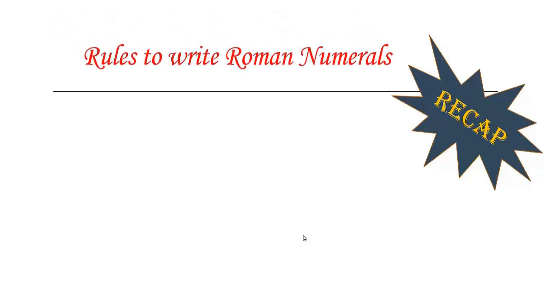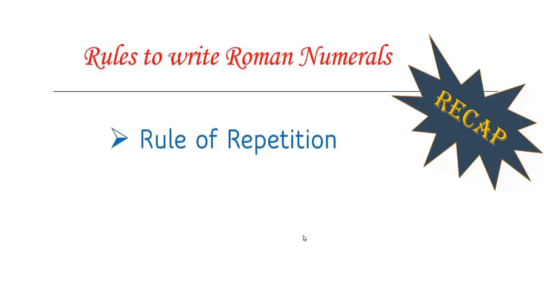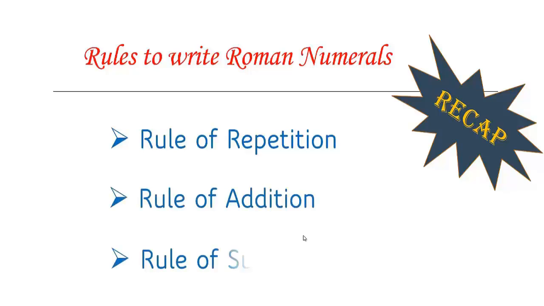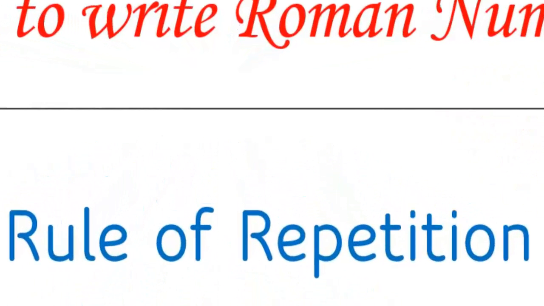Let's recap what we learnt in the previous class. We learnt the rules to write the Roman numerals. The rules are rule of repetition, rule of addition and rule of subtraction. What does the rule of repetition say? It says no letter can be repeated more than 3 times.